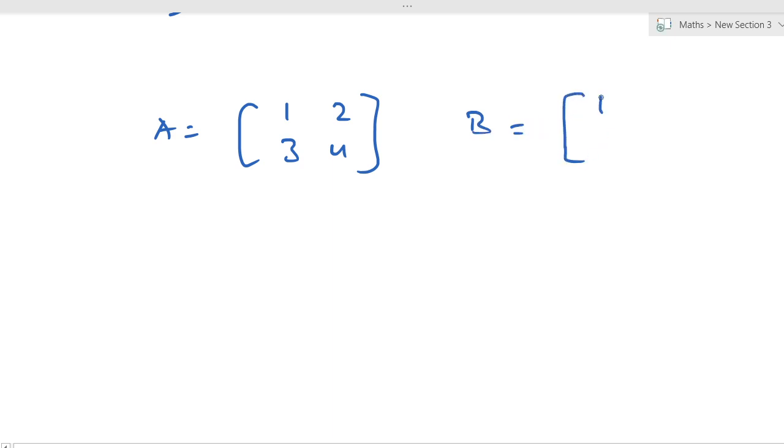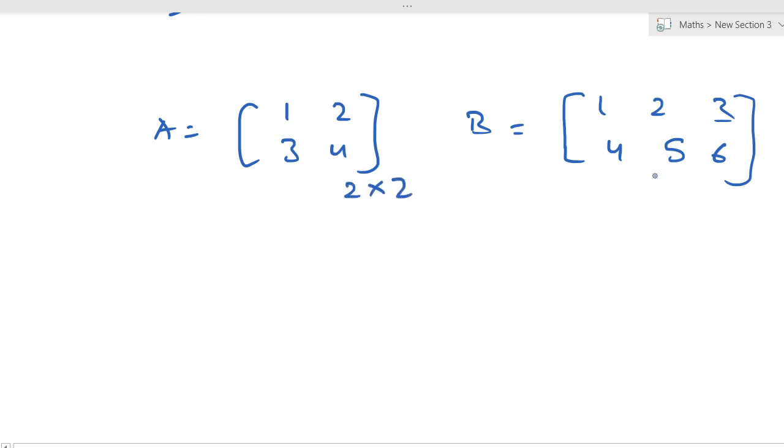I'll take an example. A equals 1, 2, 3, 4 and B equals 1, 2, 3, 4, 5, 6. A is a 2 by 2 matrix, 2 rows, 2 columns.